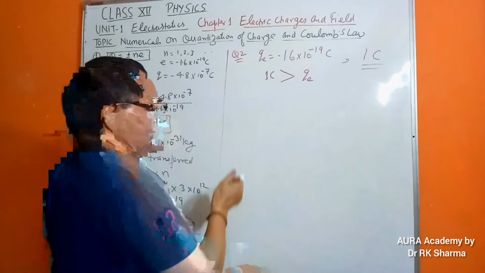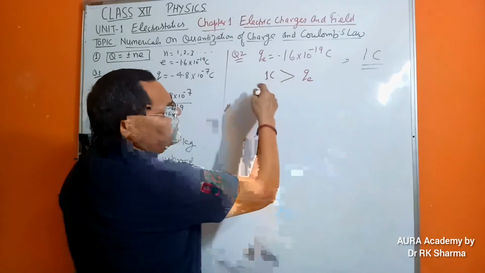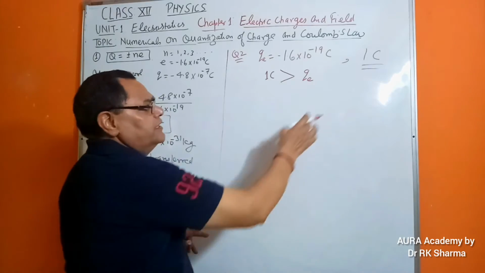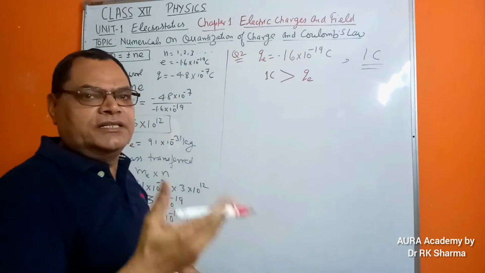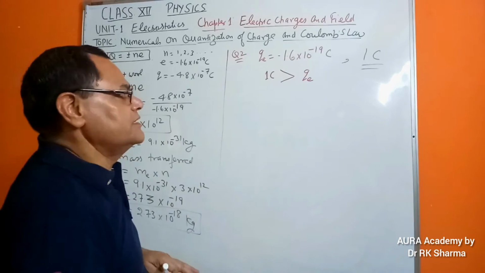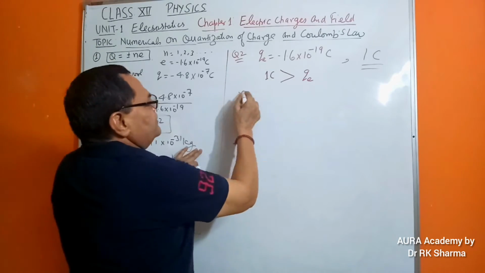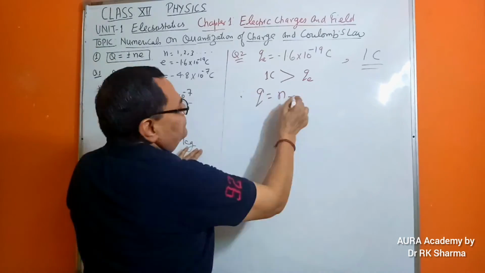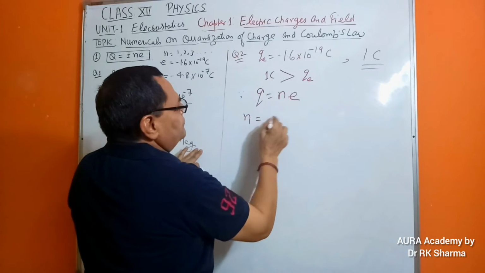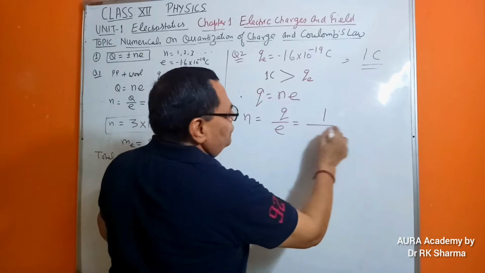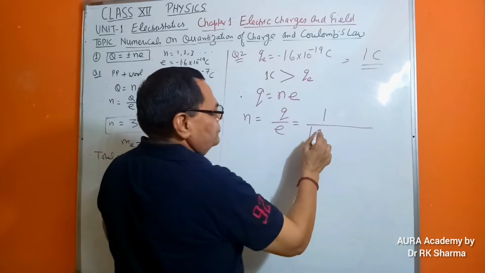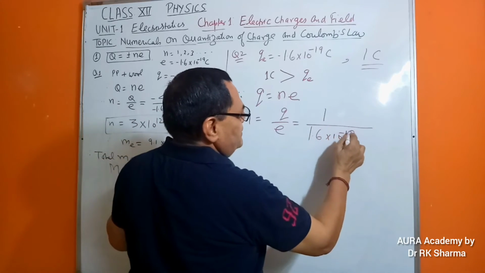Now the second part: how many elementary particles, or electrons, are there in 1 coulomb? Elementary particles means electron, proton, etc. We can use the formula Q is equal to Ne, so N will be equal to Q upon e. The charge is 1 coulomb and the charge on an electron is 1.6 into 10 to the minus 19.